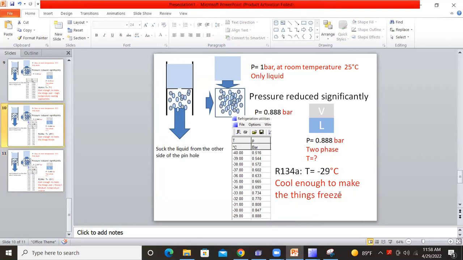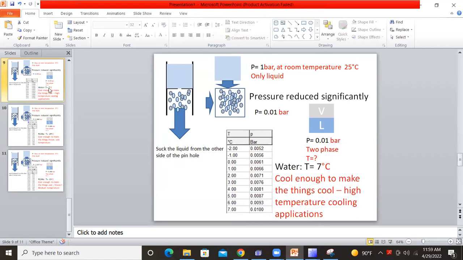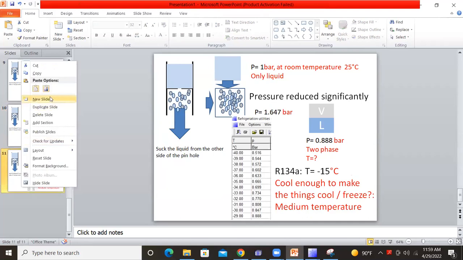Minus 29 is low temperature applications. Okay. So this is medium temperature applications. 7 degrees means high temperature applications, normally for cooling applications.